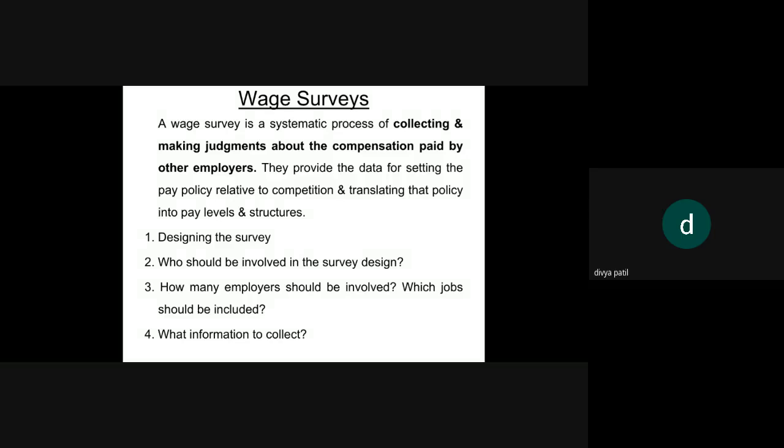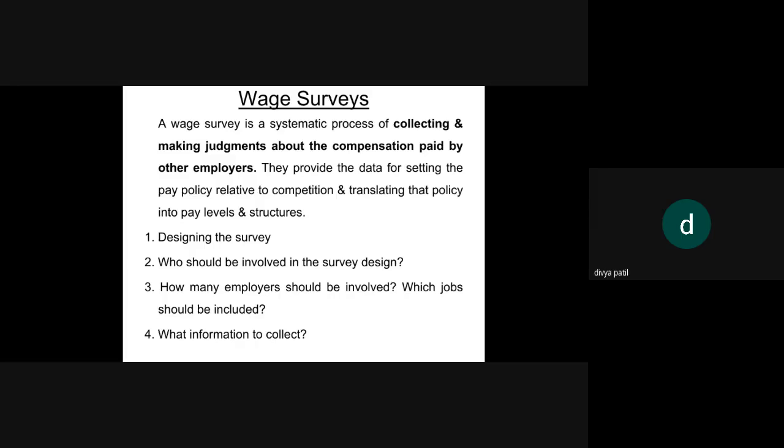In simple words, you systematically collect information about your competitors and their compensation strategies. After knowing what they are doing, you take your own decision on what pay policy alternatives have to be considered.